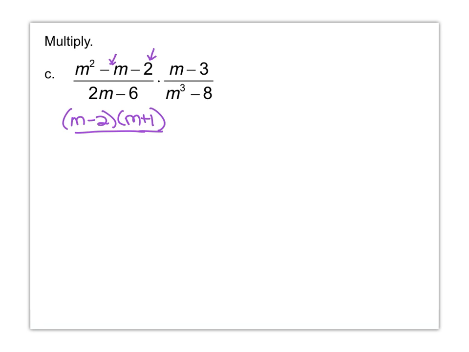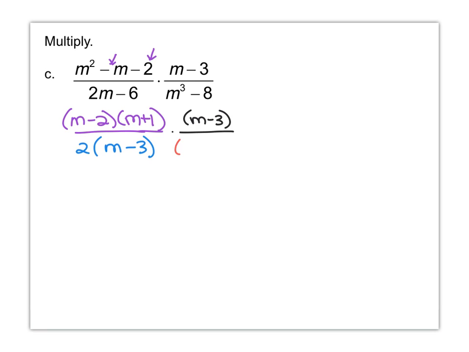The denominator of 2m minus 6 has a common factor, a greatest common factor of 2. If we factor out the 2, we're left with m minus 3. The numerator in the second rational expression is m minus 3, which is already in factored form. The denominator is a difference of 2 cubes.